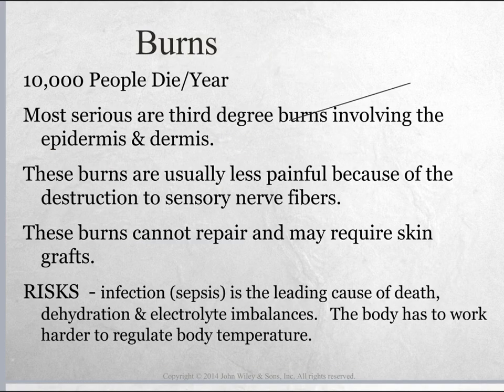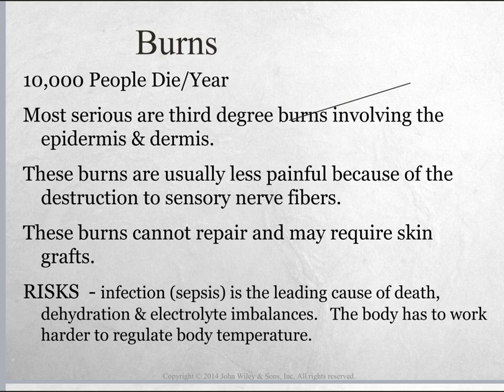Burns. So we're going to discuss the 3 different types of burns that you can get. Now, 10,000 people a year die from burns, the most serious being third-degree burns, which involve the epidermis and the dermis. Now, these burns are typically less painful because we're destroying all of the sensory nerve fibers in these layers. The burns cannot repair themselves and require skin grafts.